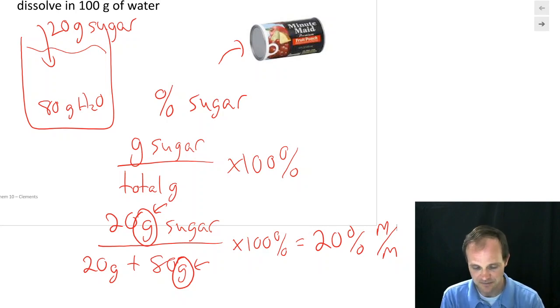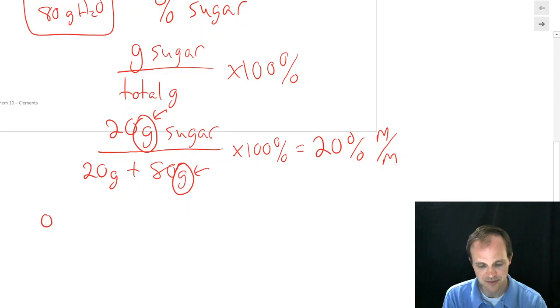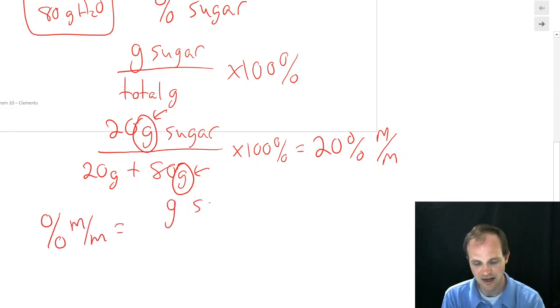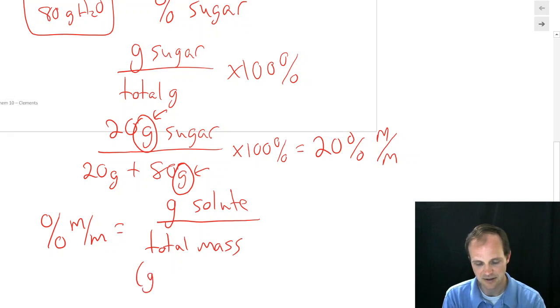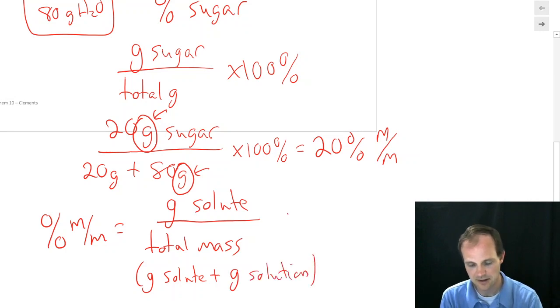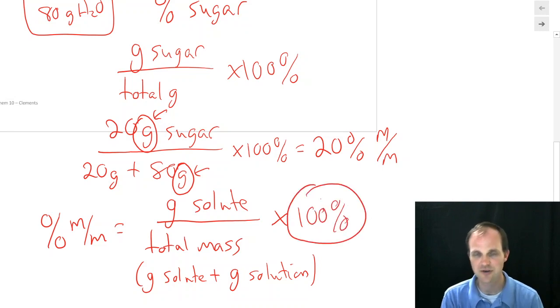And in general, how you calculate percent m over m is very similar to what I wrote above. It's the grams of your solute over the total mass. And the total mass is going to be grams of solute plus grams of solution times 100%. Now be careful when you get this 100%.